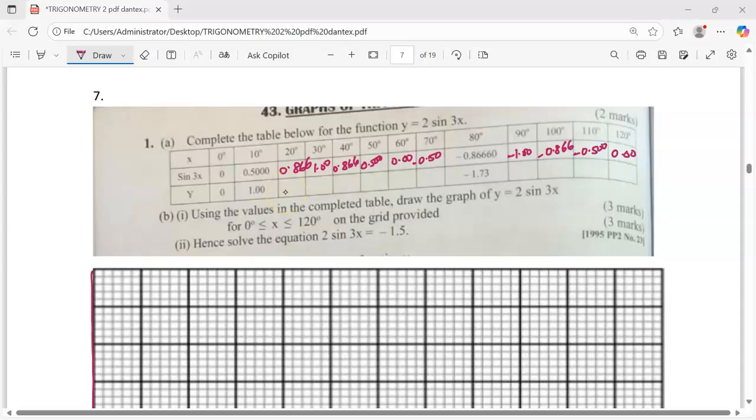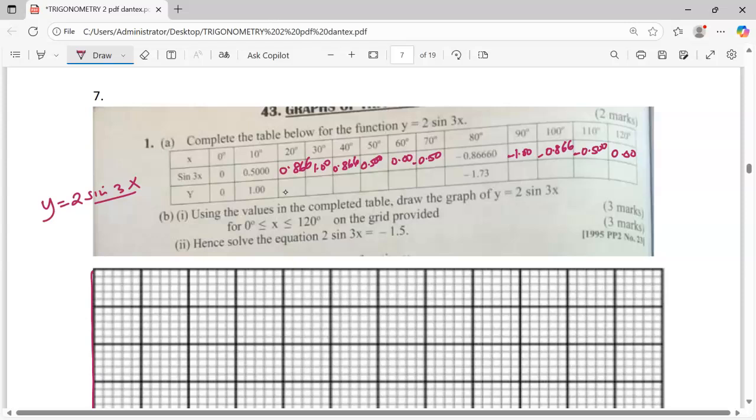So for us to get the column for y, y has been given to be 2 sin 3x. And already we have sin 3x, so we are going to take the values of sin 3x and multiply them by 2. So if you take 0 times 2, you get 0.